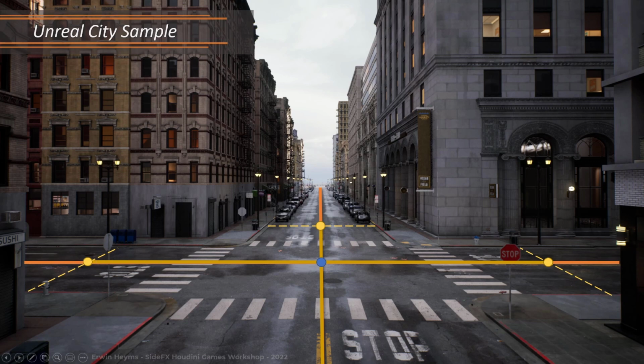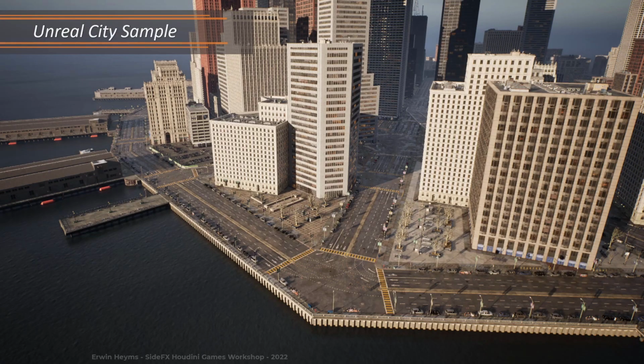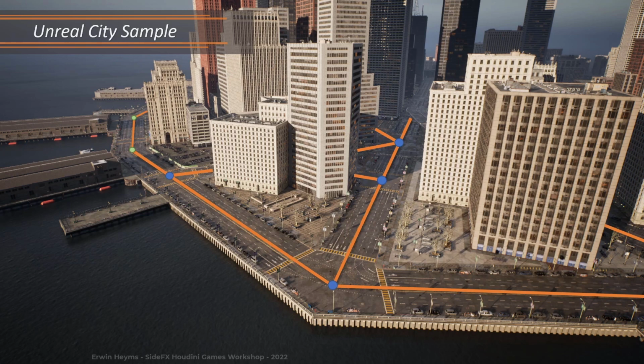It's quite useful actually. So here we can look at it from above, and we have again a road network here of connections and intersections. And then here on the left we have a couple of green dots, and these are basically corners. So in the Unreal City sample, road segments are always straight, and that means that any turn is basically treated like an intersection with only two exits.